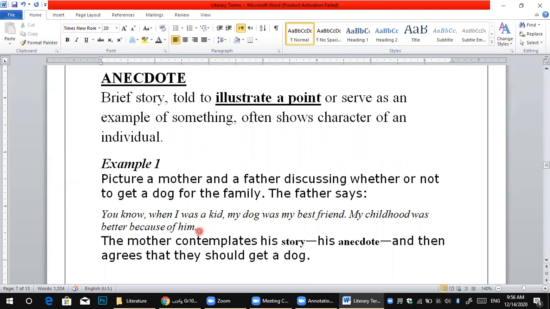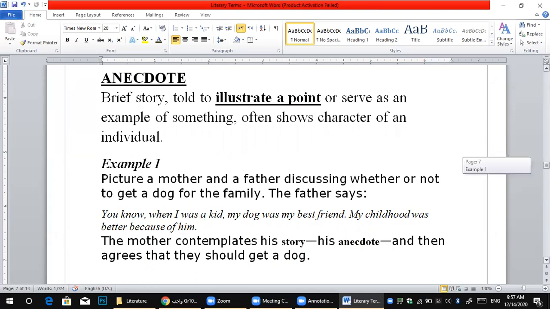So here, the father tells this personal story to illustrate a point. The mother contemplates his story, influenced by his anecdote, his personal story, and then agrees that they should get the dog. Why does she agree? Because he told a personal story, called his anecdote.